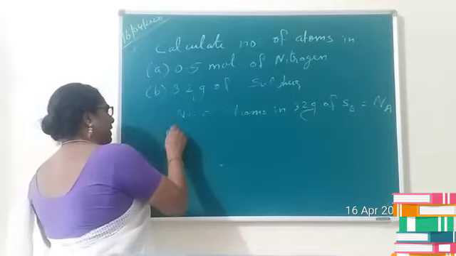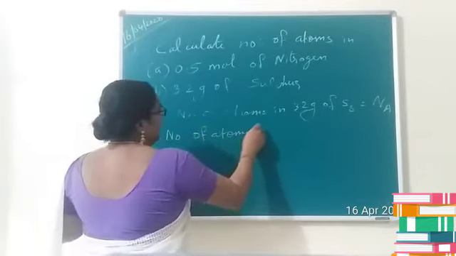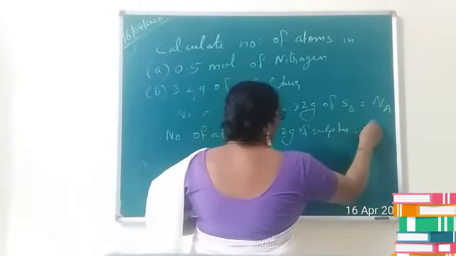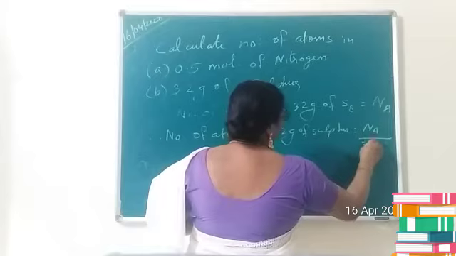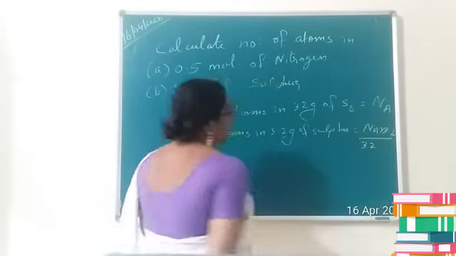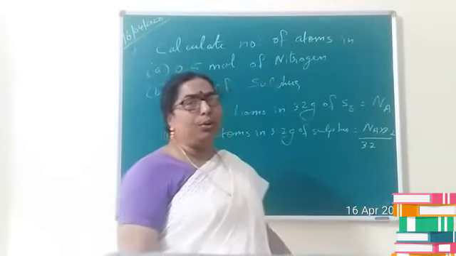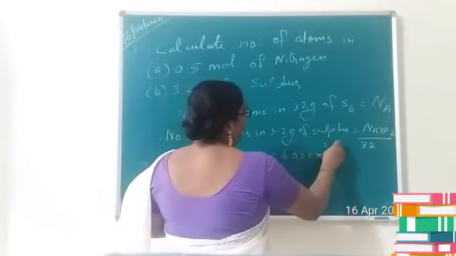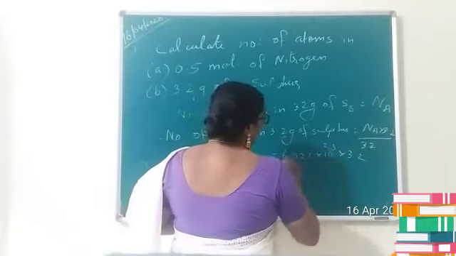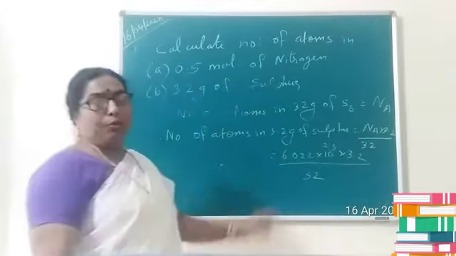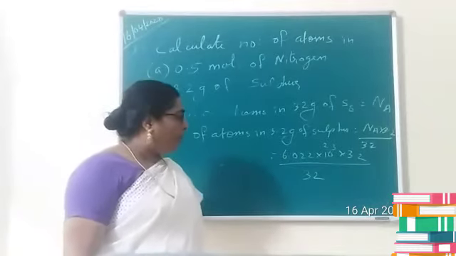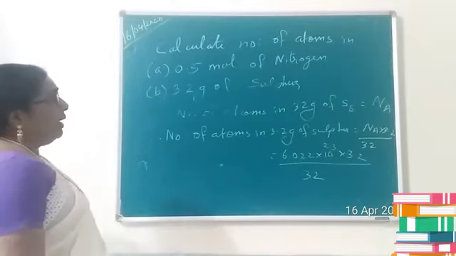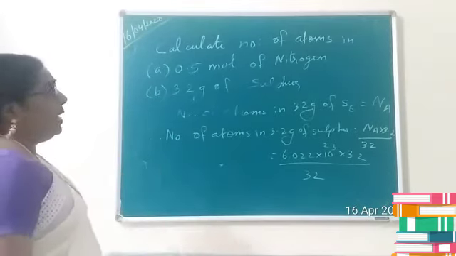So therefore we can say that number of atoms in 3.2 grams of sulfur is equal to Avogadro's constant divided by atomic mass into given mass, that is Na upon 32 into 3.2, that is 6.022 into 10 to the power 23 into 3.2 divided by 32. So final answer you will get is 6.022 into 10 to the power 22. Is it clear, children, how to calculate number of atoms if the mole is given or if mass is given?